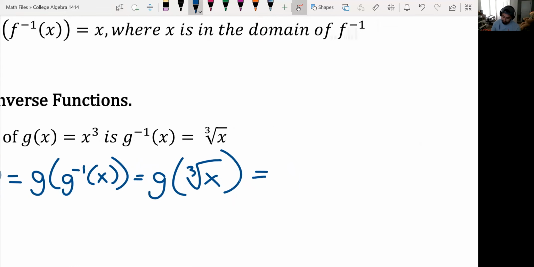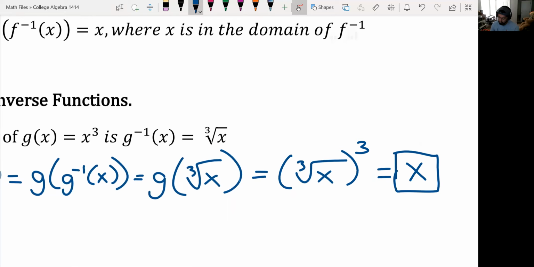So we will get parentheses, the cube root of x cubed, which will leave us with x. Hey, look at that. We arrived at x. So this means that when we compose one way, we know that these have to be inverses of each other.